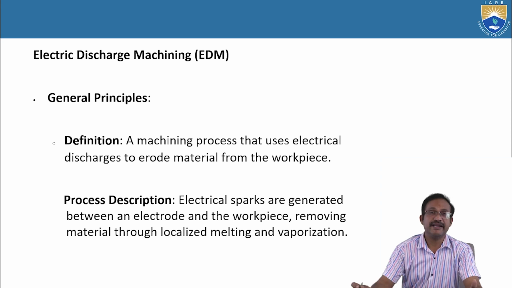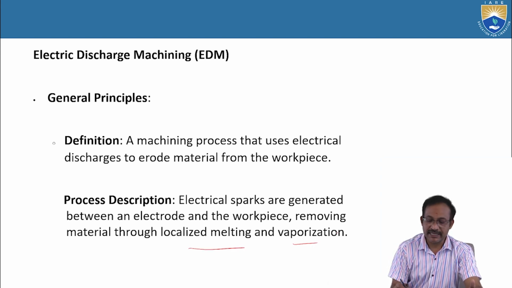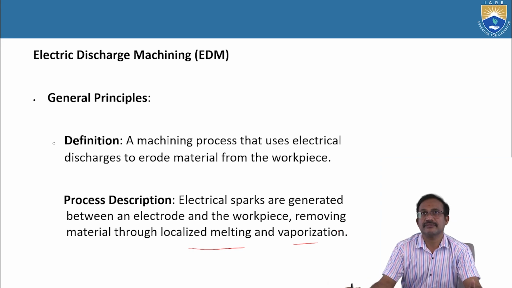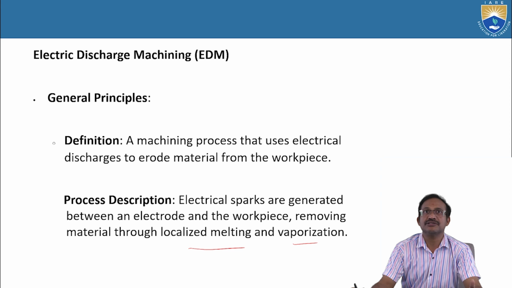Definition: a machining process that uses electrical discharges to erode material from the workpiece. Process description: electrical sparks are generated between an electrode and the workpiece, removing material through localized melting and vaporization.